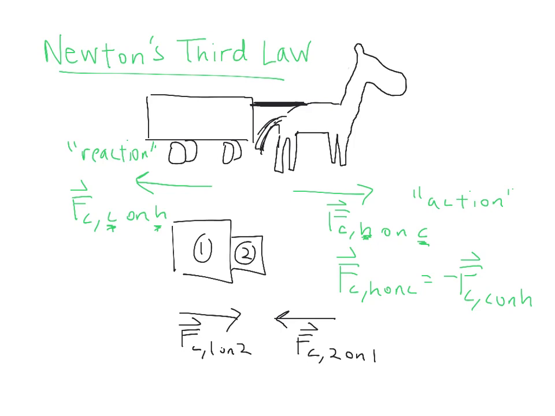Now I want to mention a common mistake with action-reaction forces, which is to think that action-reaction forces act on the same object. But notice here that that's not the case, because the "on" for this one is on the cart, but the "on" for the action-reaction force is on the horse. Same thing with object 1 and object 2. These are action-reaction pairs, but the first one we drew here is on object 2.